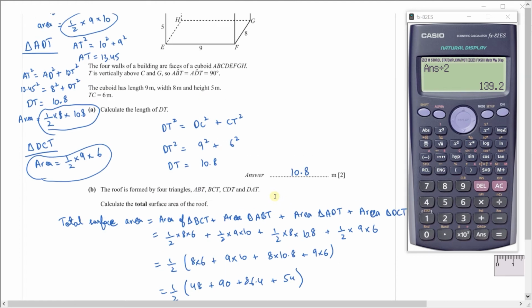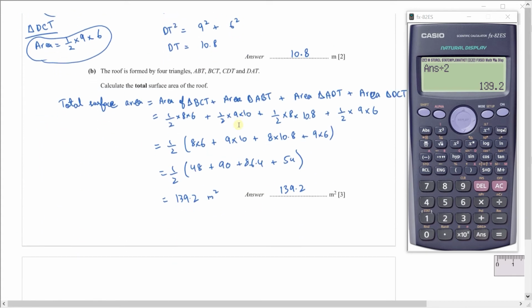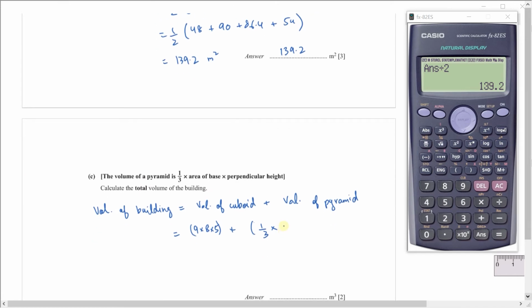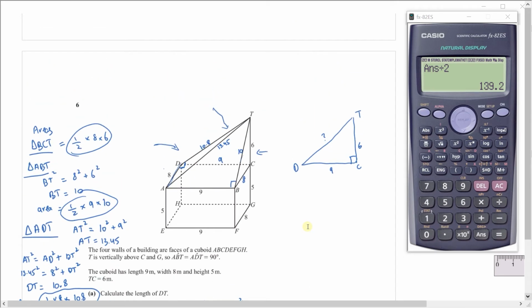So the base of this pyramid is this rectangle ABCD. So the area of this rectangle will be 9 times 8. So 9 times 8 is the base area into the perpendicular height of this pyramid, which is 6, because this is a 90-degree angle. So this is the perpendicular height.